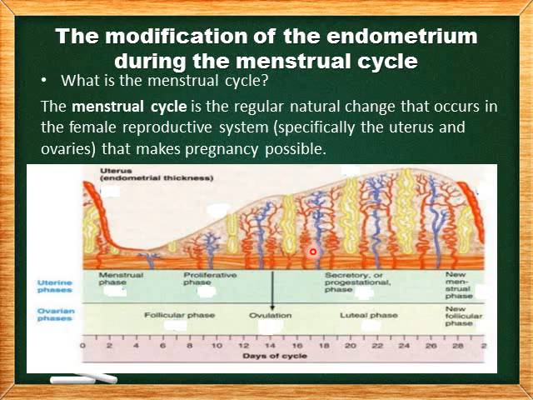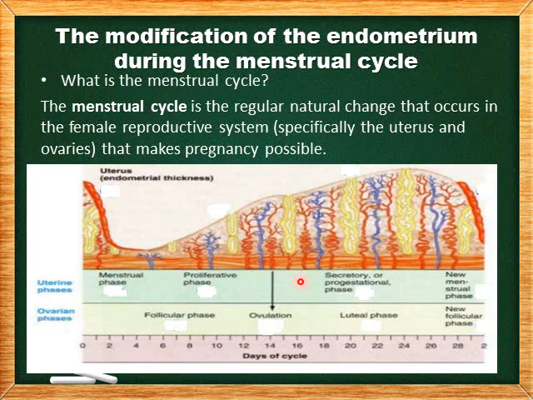In the secretory phase, as you also see, the endometrium becomes thicker and thicker. All of this is known as the menstrual cycle, or endometrial cycle, or uterine cycle. It shows the changes of the endometrium within the 28 days of the female's cycle.